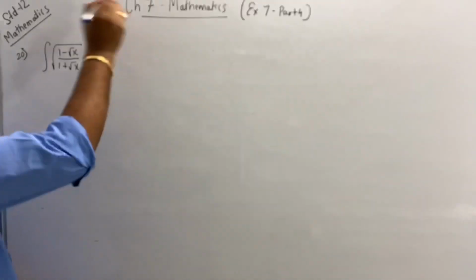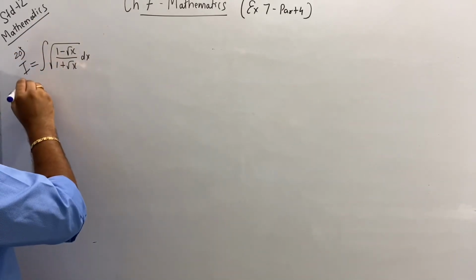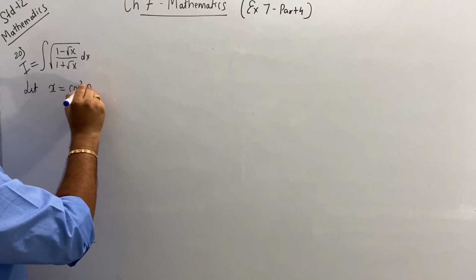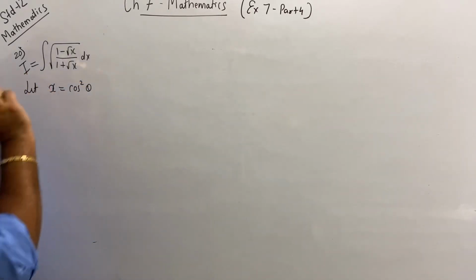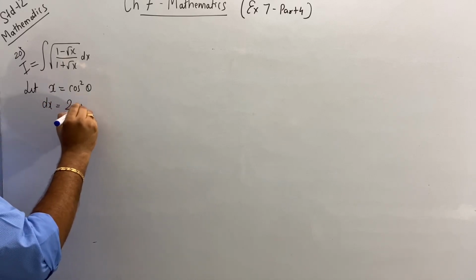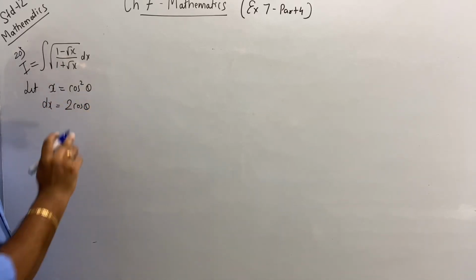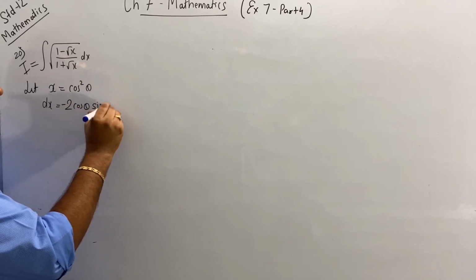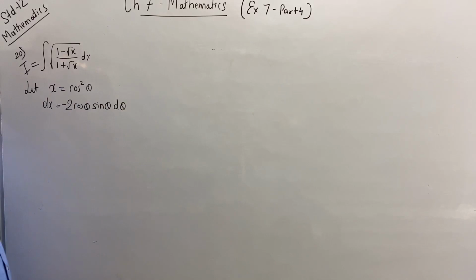It can also be asked in 4 marks. Let x equal to cos square theta. So what will be the derivative dx? 2 cos theta, derivative of cos theta, minus sin theta d theta. Okay.